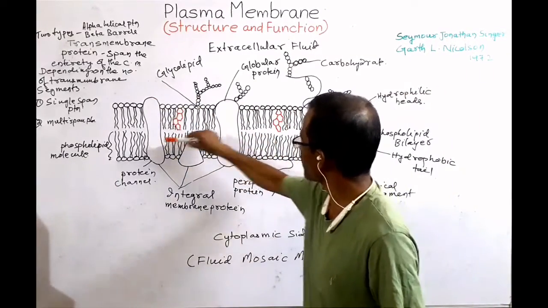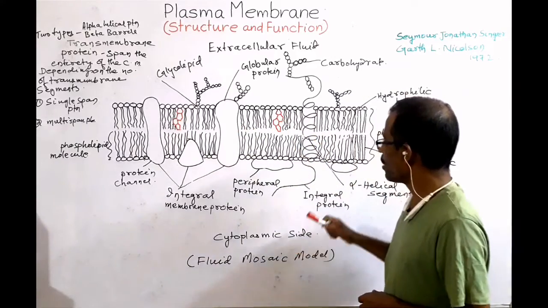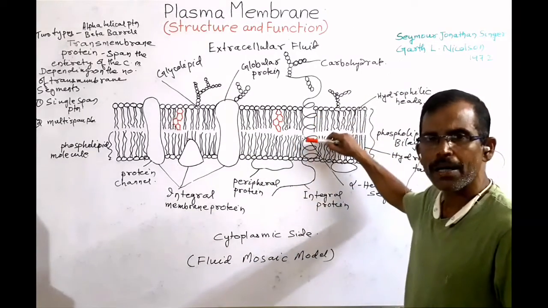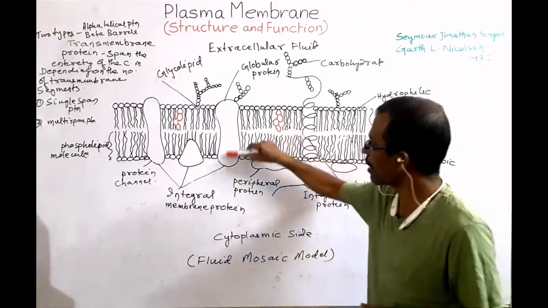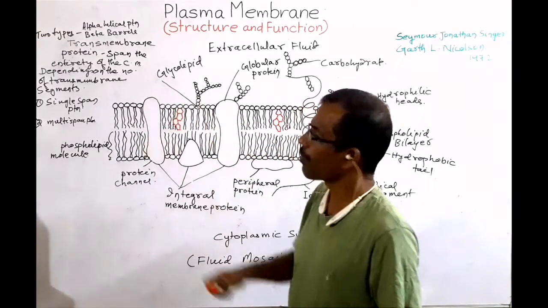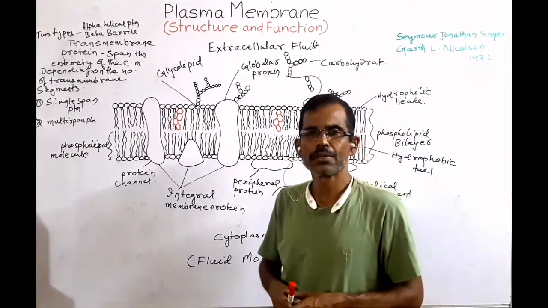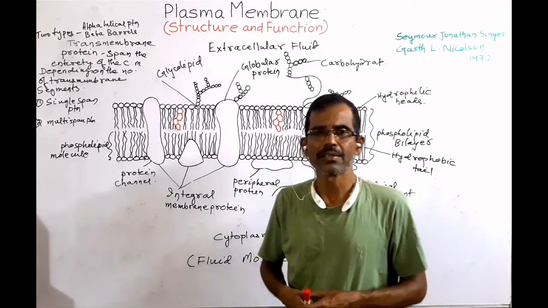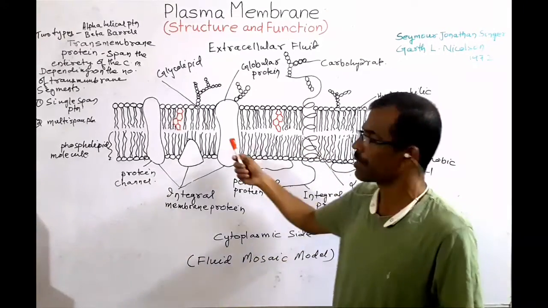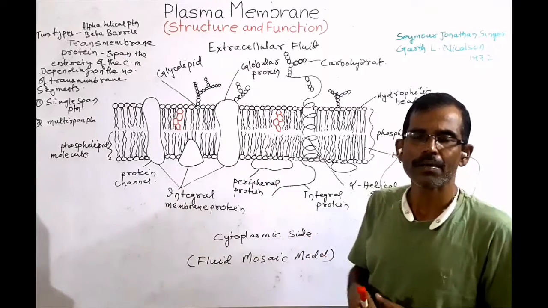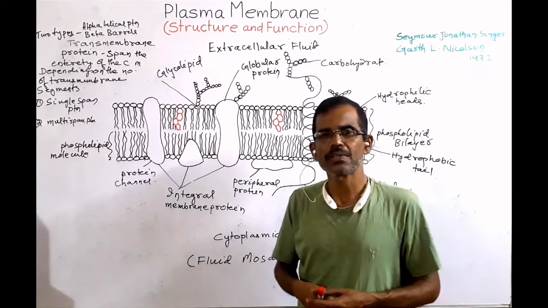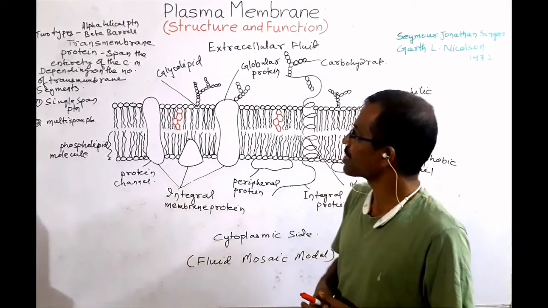These are the integral membrane proteins which span the lipid bilayer. Such integral membrane proteins are called transmembrane proteins. The protein components that are associated with the lipid bilayer in the cell membrane perform special functions, for example, transport.